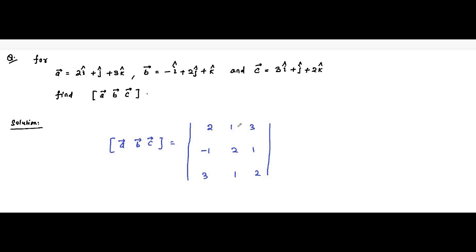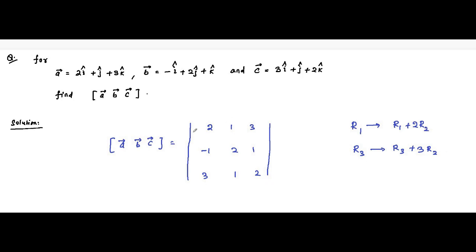So we'll write, this is row 1, this is row 2, this is row 3. We can manipulate the rows as R1 becomes R1 plus 2R2, and R3 becomes R3 plus 3R2. Why have we done it?